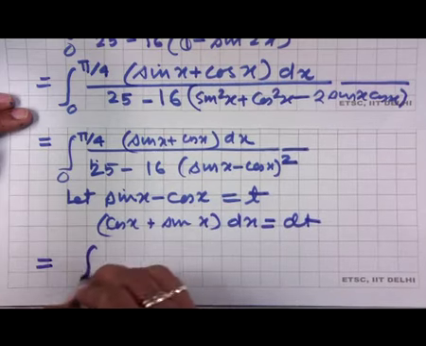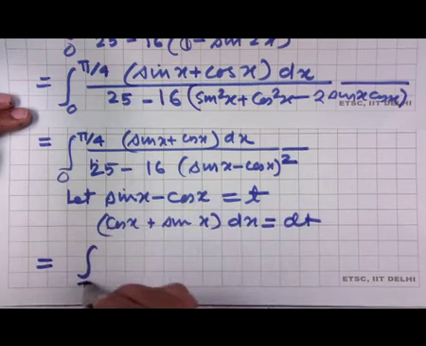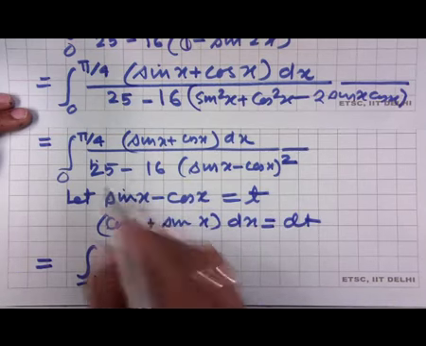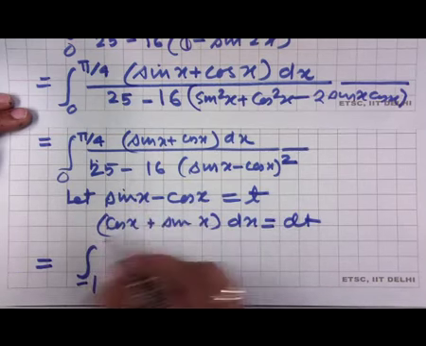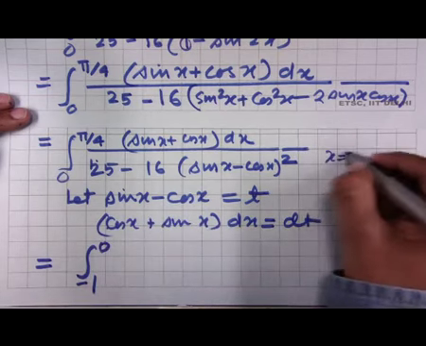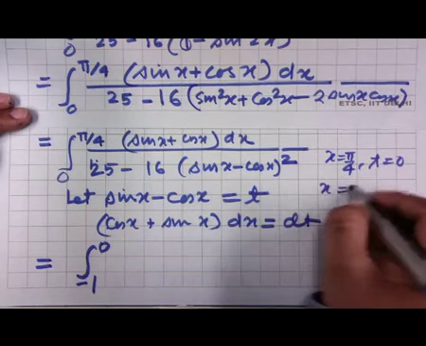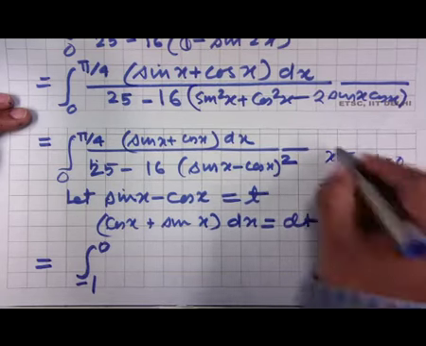This will change the limits. So sin 0 is 0, cos 0 is 1 so t is minus 1, and at pi by 4, sin pi by 4 and cos pi by 4 values are same, so you will get 0. So at x equal to pi by 4, t is 0, and at x equal to 0, t is minus 1.